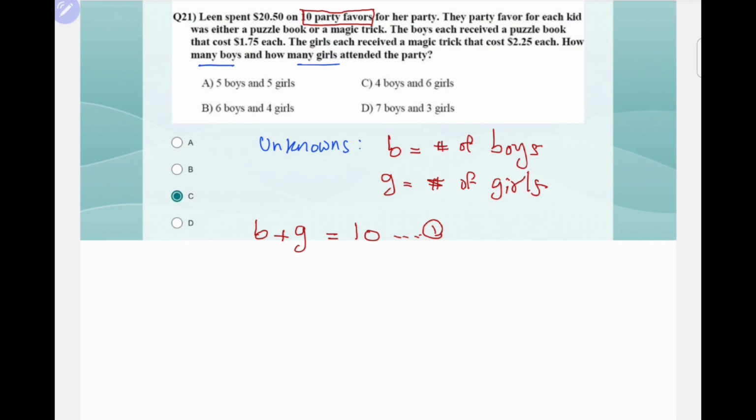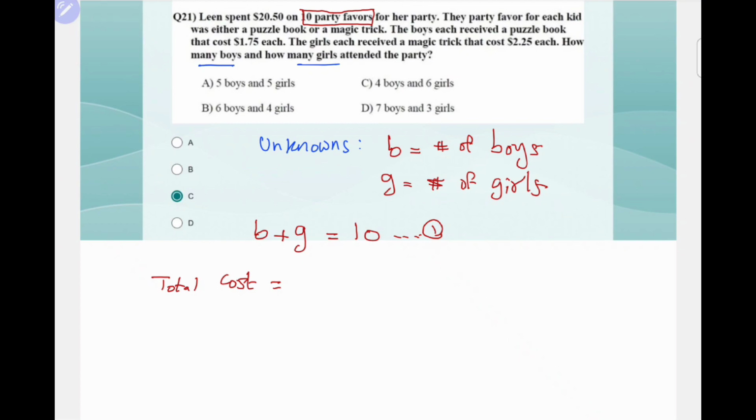What about the second equation? So we know that every boy received a puzzle book which cost $1.75, and every girl received one magic trick which cost $2.25. So the total cost is equal to the number of puzzles, which is equal to the number of boys.